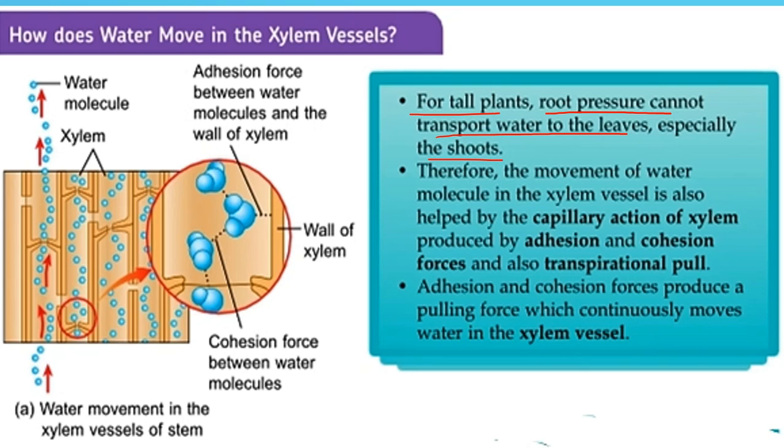Okay, therefore the movements of water molecules in the xylem vessel is also helped by capillary actions of xylem. Okay, produce the adhesion and cohesion forces and also transpirational pull. Okay, adhesion and cohesion forces will produce a pulling force which will continuously move water in the xylem vessel.